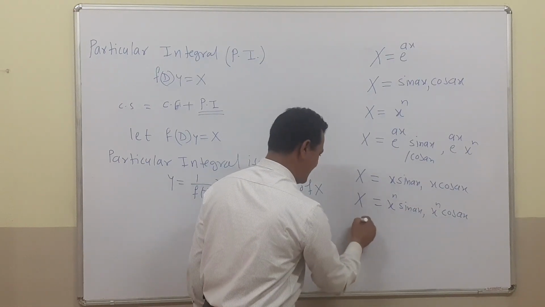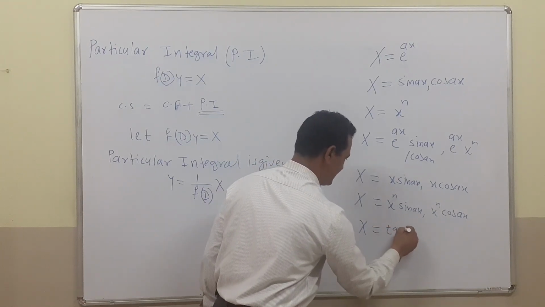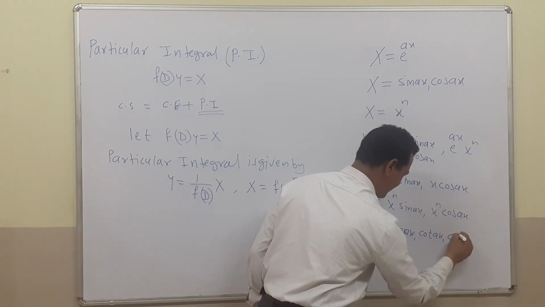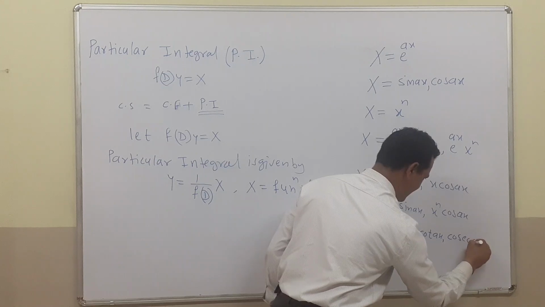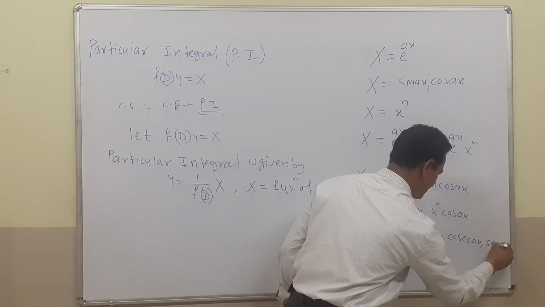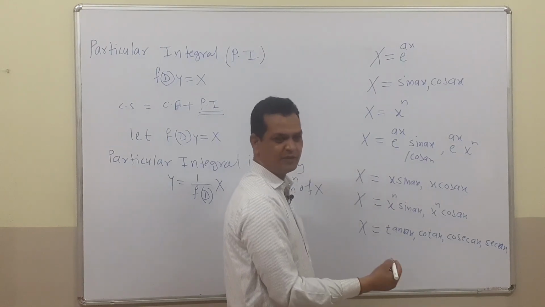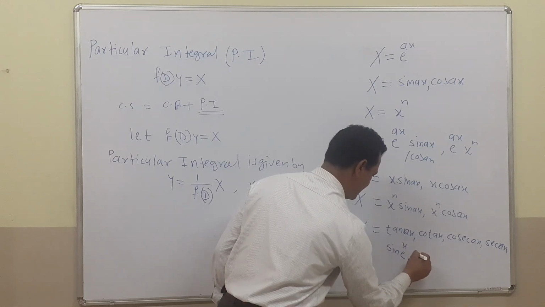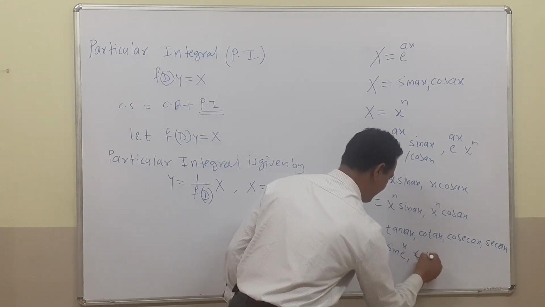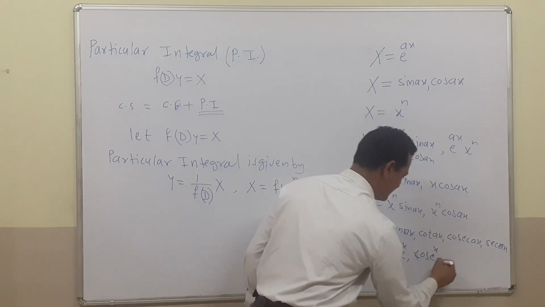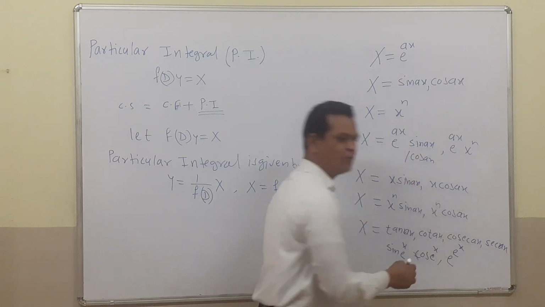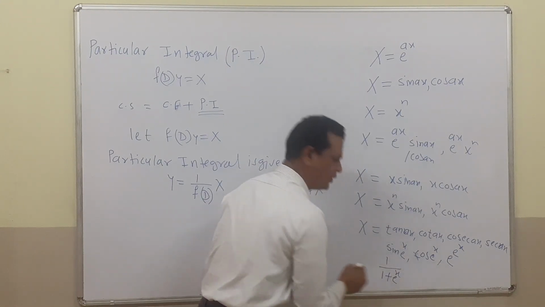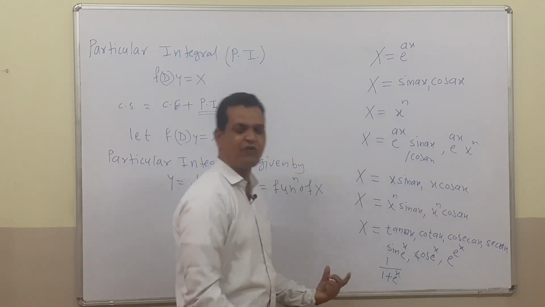Or one more type is there: X may be of the type tan ax, cot ax, cosec ax, sec ax, or sine of e raised to x, cos of e raised to x, or e raised to x form, or 1 upon 1 plus e raised to x. So there are 7 different types of X.